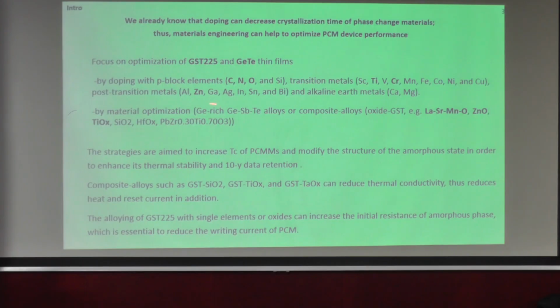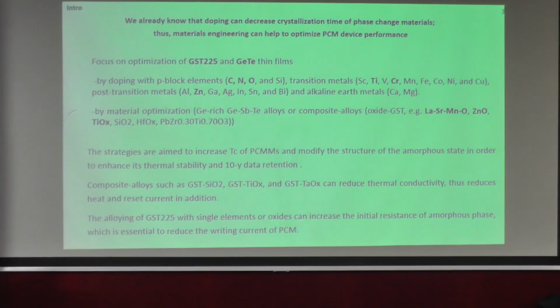Also, you can make material optimization by creating so-called germanium and GST alloys, or you can make a composite like oxide GST. For example, I will consider zinc oxide, titanium oxide, also silicon oxide. We know some data on this.